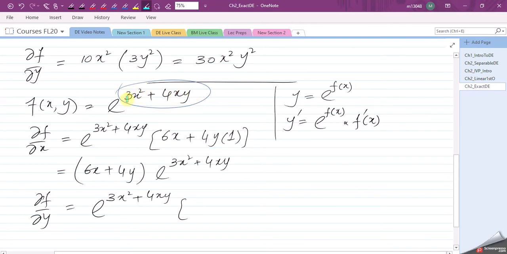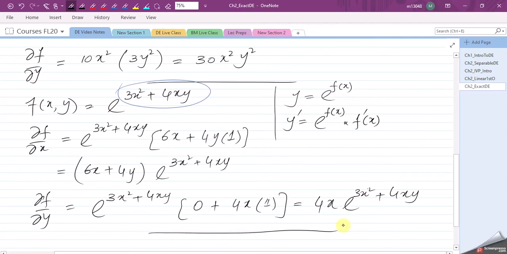Now this term has no y in it. 3x square, no y. So this term is completely constant. It goes to 0. Plus 4x into derivative of y, which is 1. So this is equal to 4x e power 3x square plus 4xy.